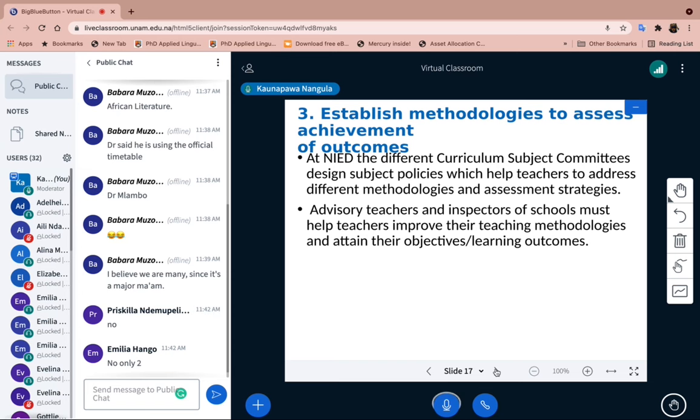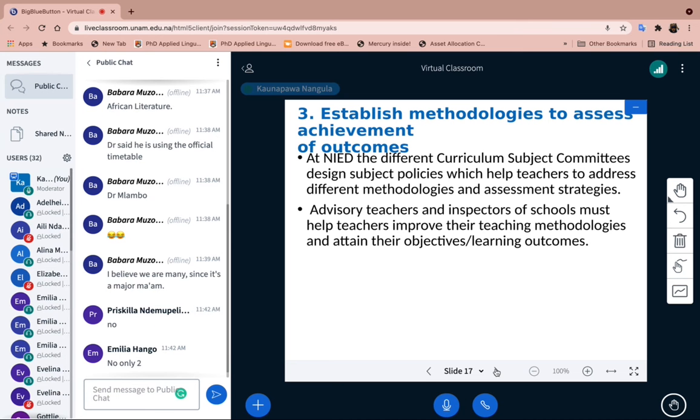And within the NIED community, there are curriculum subject committees that design the subject policies, and in some ways they have suggested different methodologies and assessment strategies that the teachers can use.